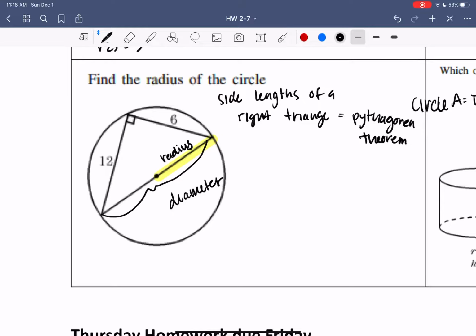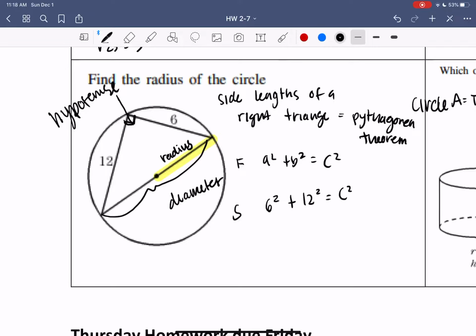We're going to first have to solve for, this looks like we're solving for the hypotenuse, since the right angle points to it, with our formula of a squared plus b squared equals c squared. So when we substitute, we have 6 squared plus 12 squared equals c squared.